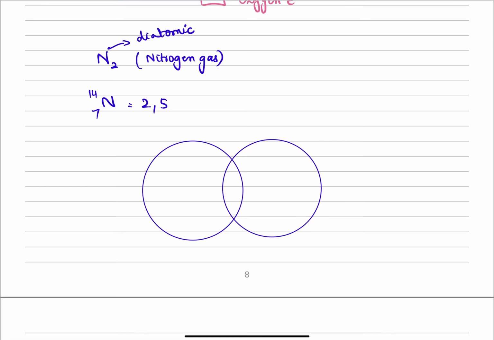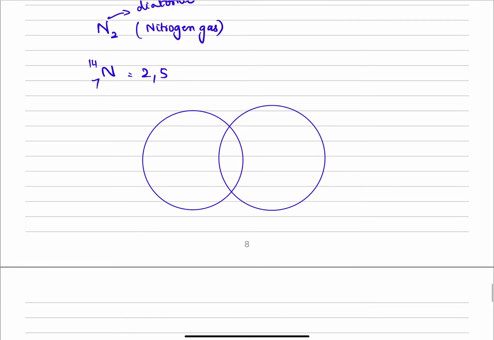Basically, the rule is you share as many electrons as you need. So 3 electrons from this nitrogen and 3 electrons from the other nitrogen. Now it itself has 5 electrons in its outer shell, so 2 here, 2 here. This is the nitrogen dot and cross.